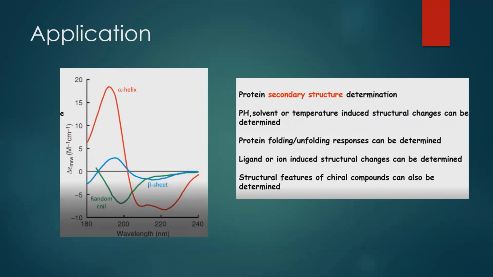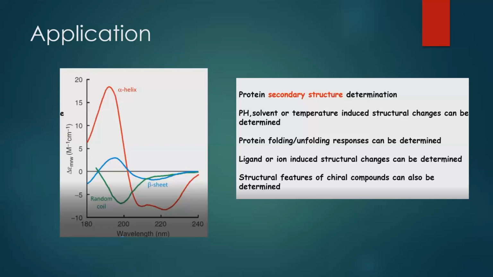So what are the applications? You can study the different secondary structures of protein using this type of spectroscopy. You can also study the influence of various external factors like pH, solvent, and temperature on the structure of the protein.